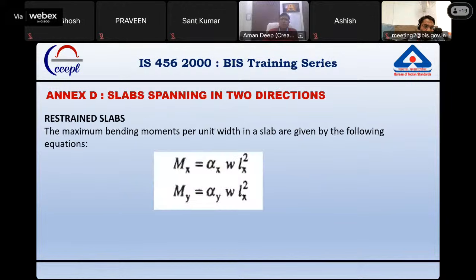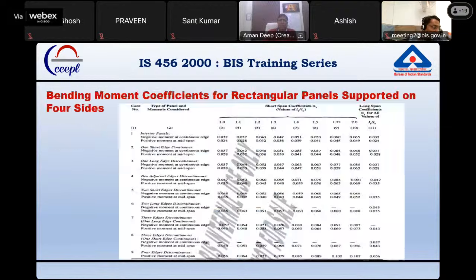For slab design, Annexure D gives the bending moments, how we have to calculate the bending moments for different ratios of long span versus short span.